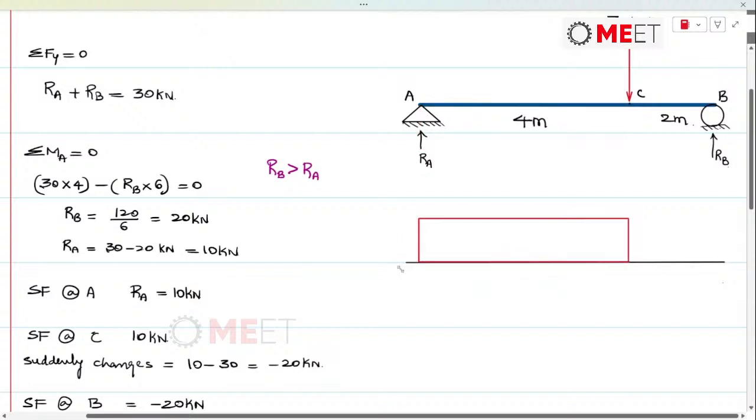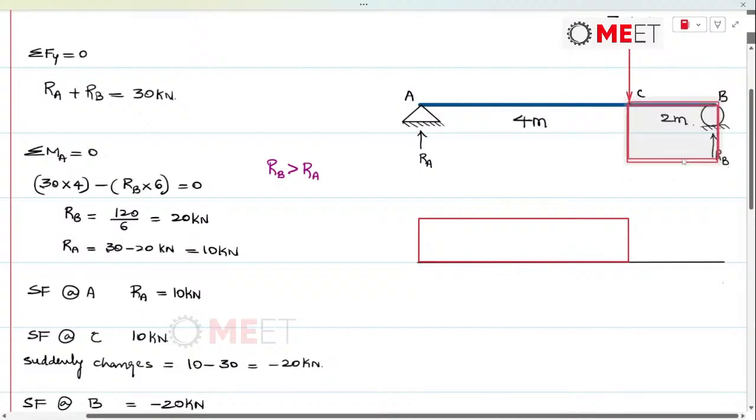Now the shear force at point C, we are finding it changing to minus 20 kilonewtons. So there has to be a change in the height of the shear force. From C to B, it will be minus 20.